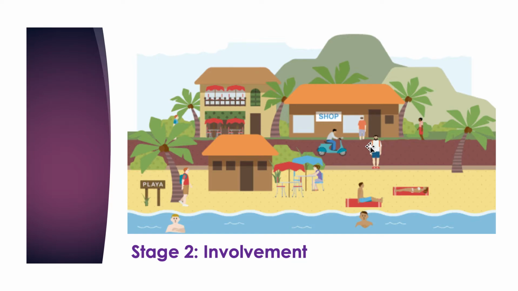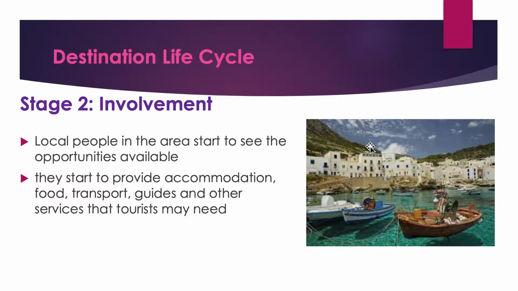So how about involvement? Involvement is the stage where the number of people visiting the area is increasing. Therefore, residents now see economic benefits in providing some facilities such as food, accommodation, guides, and transport to the tourists.